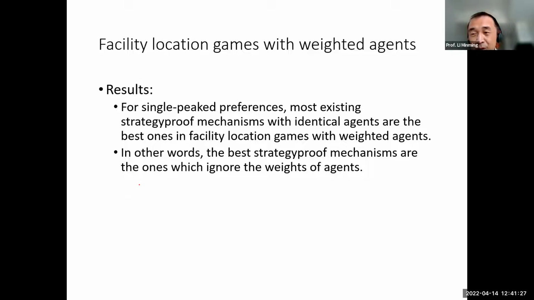So now you can imagine that if agents can cheat about weight, very naturally, you cannot take weight seriously. Why? Because if you take weight seriously, then the agents can just misreport their weight to be arbitrarily large. And then because you are taking weight seriously, you have to move closer to that misreporting agent, and then the strategy-proofness will be gone, right? It's very natural to imagine this.